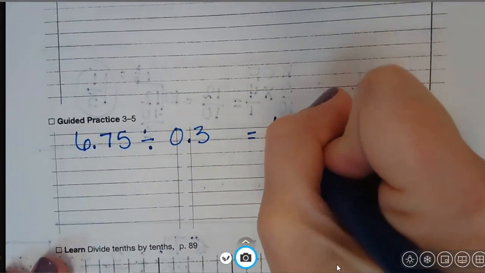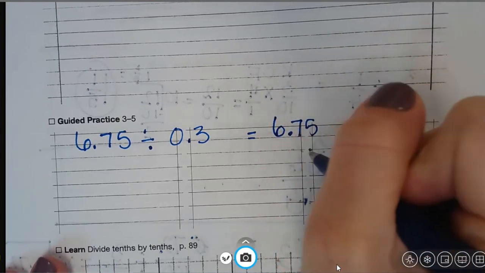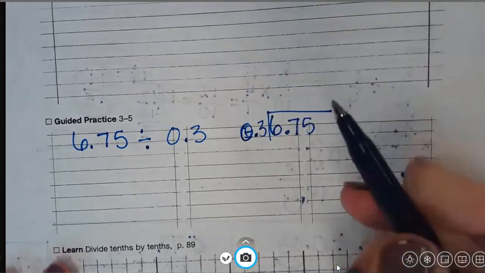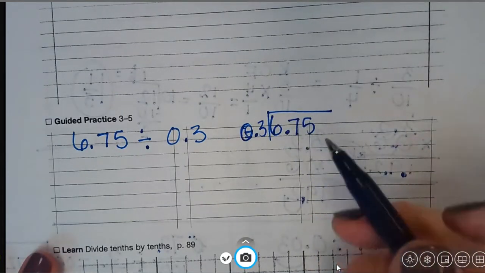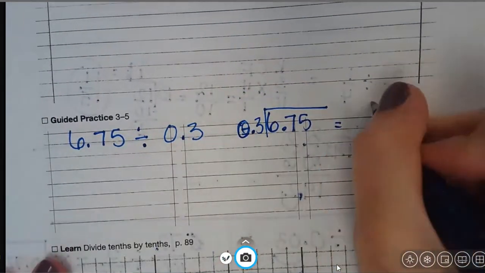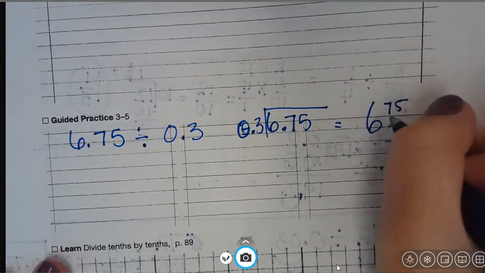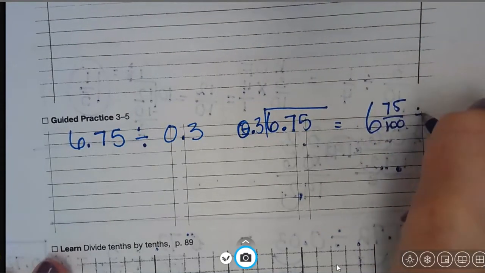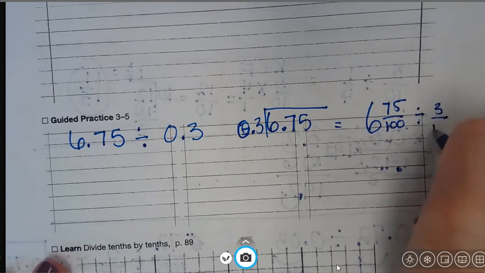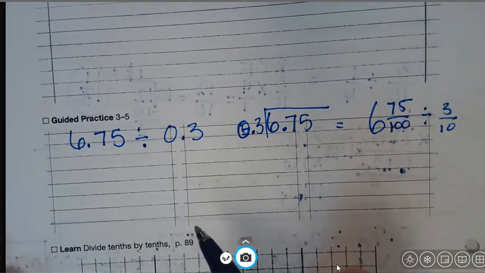So again, I could rewrite this as 6.75 divided by 0.3. Or I could rewrite it as a fraction, 6 75/100 divided by 3/10. You could solve it with fractions.